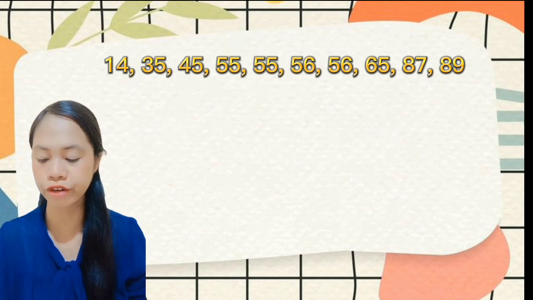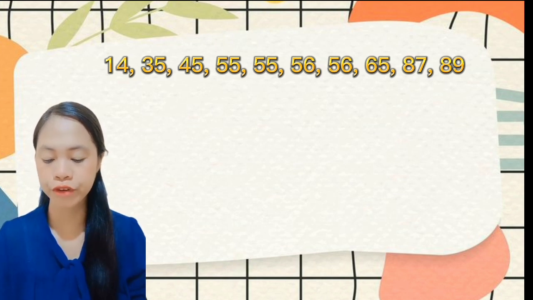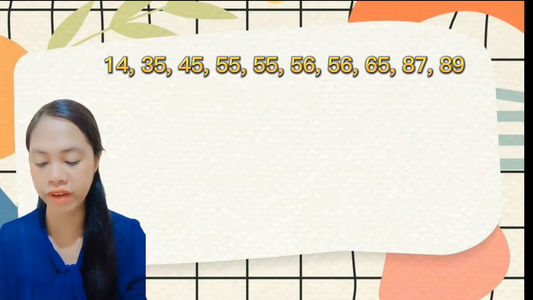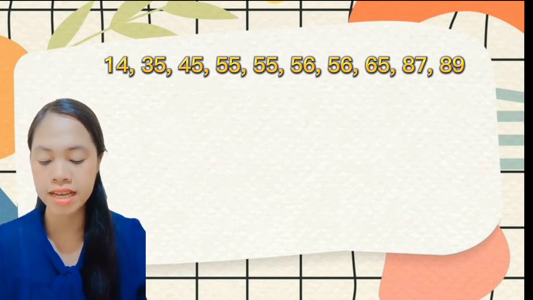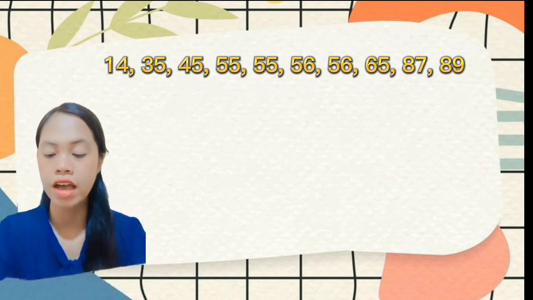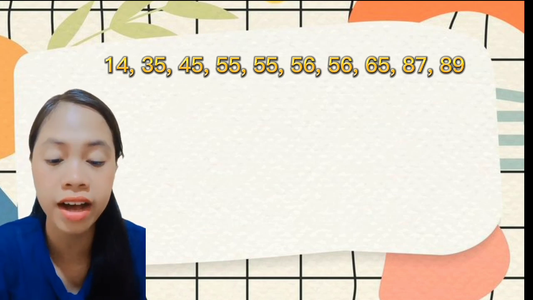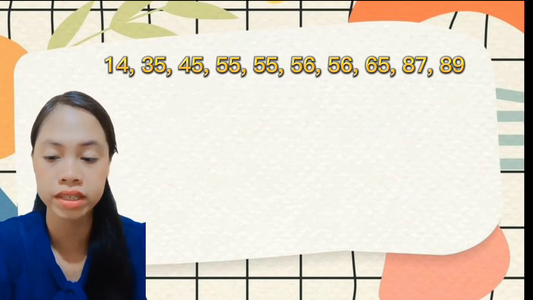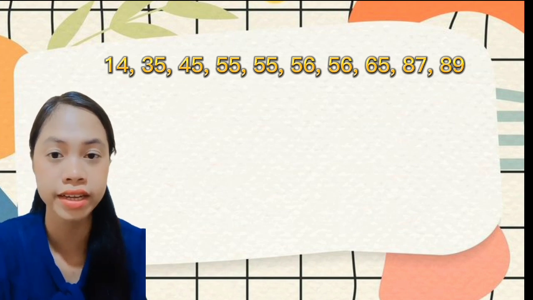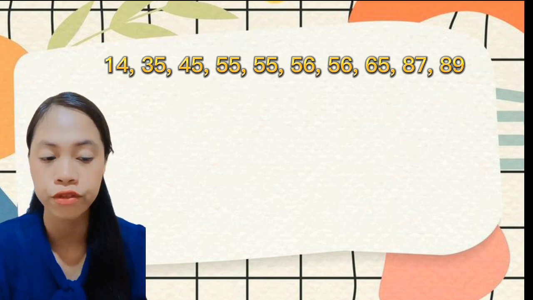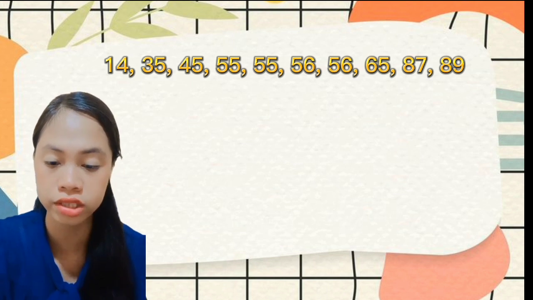So, we have 14, 35, 45, 55, 55, 56, 56, 65, 87, and 89. Arrange that data according to order of magnitude. So 14 to 89 has already been arranged from smallest to largest.